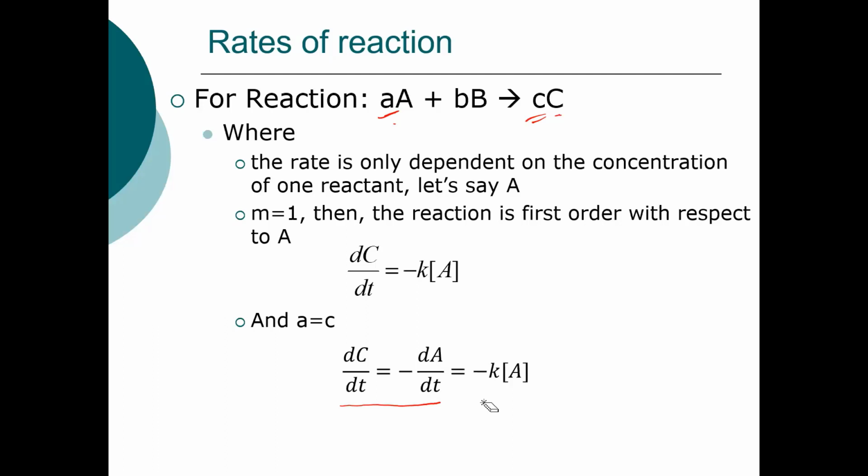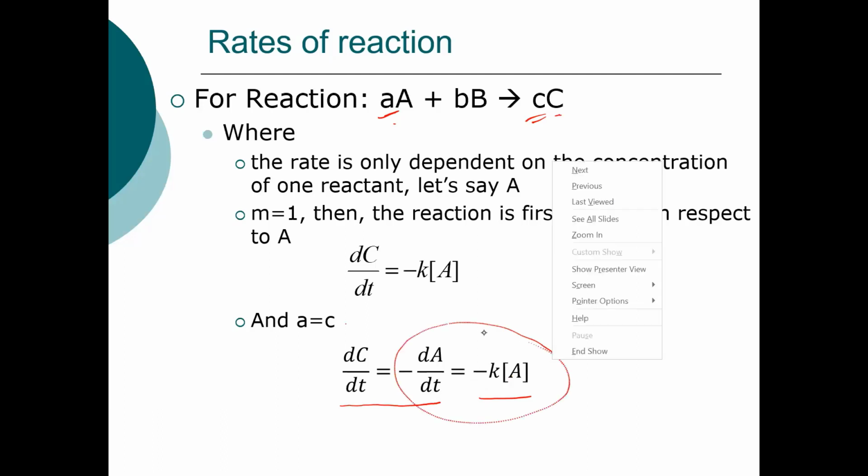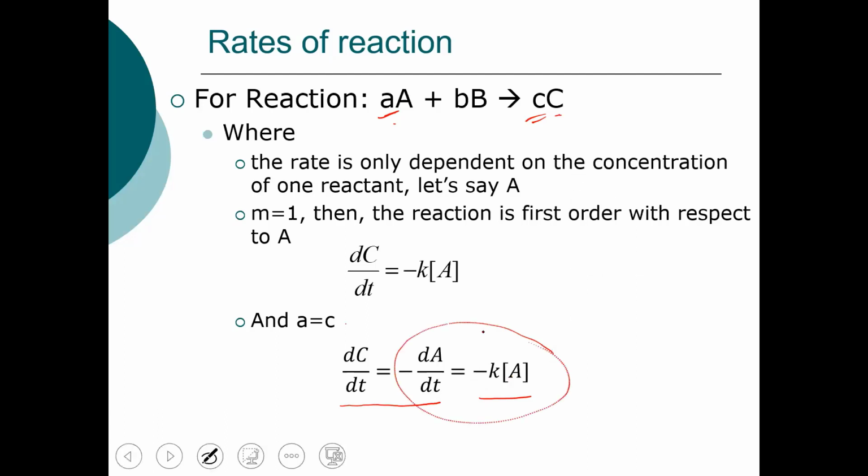And we can write this expression that change in A with respect to time is equal to minus K times A. This essentially is the expression that we will use throughout the rest of the course to describe first order rate expressions.